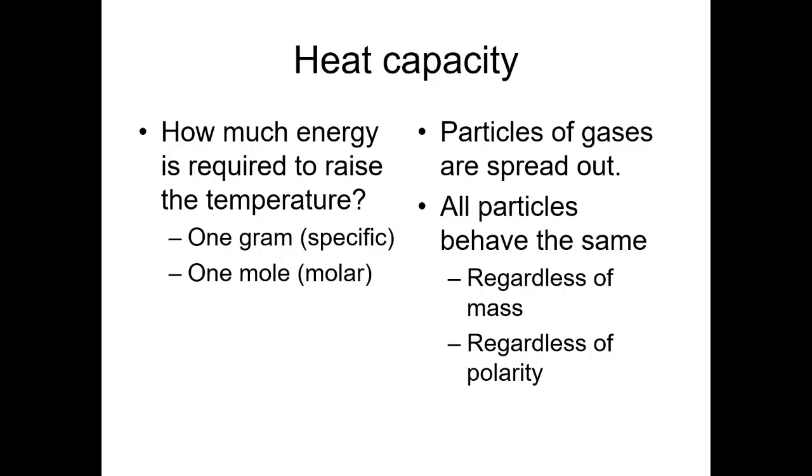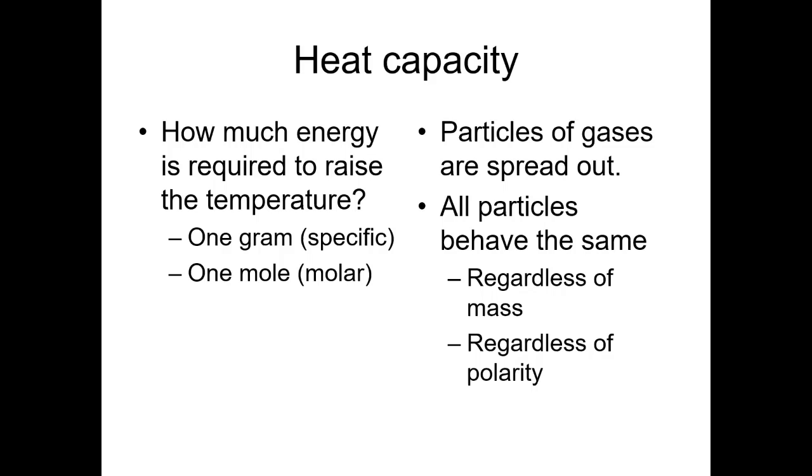And then in this chapter, we've also been talking about moles as a way of counting the atoms. And so that's another way. Instead of talking about per gram, we might talk about per moles. And this is useful when we're comparing two chemicals that have very different molar masses, because the mass is going to affect the energy that's required to get those molecules moving.